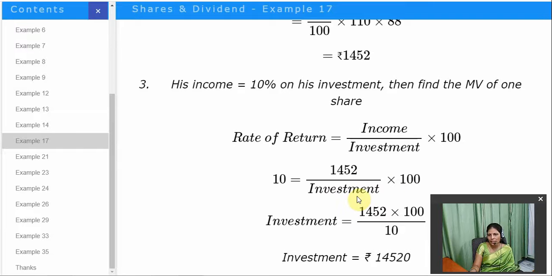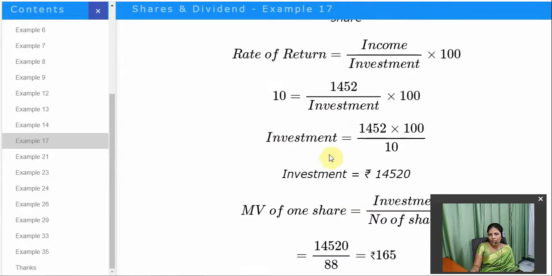This investment is the market value of 88 shares. That is what we are going to find out here, and then we need to find out the market value per share. So first we will be finding out the market value of all 88 shares. Therefore now cross multiply and you will be getting the investment is equal to 14,520.